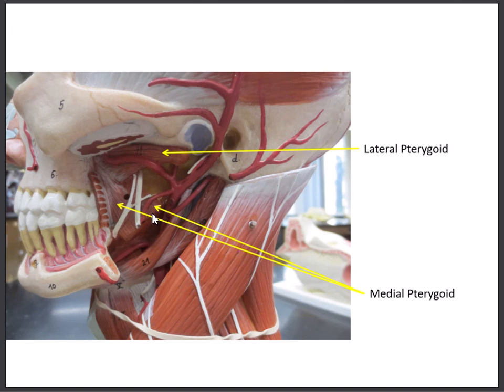Again, the only way we could see these, because they're inside the mouth, is by removing the mandible bone. So all four of these muscles, masseter, temporalis, lateral pterygoid, and medial pterygoid, are muscles of chewing, muscles of mastication. That would be their action.